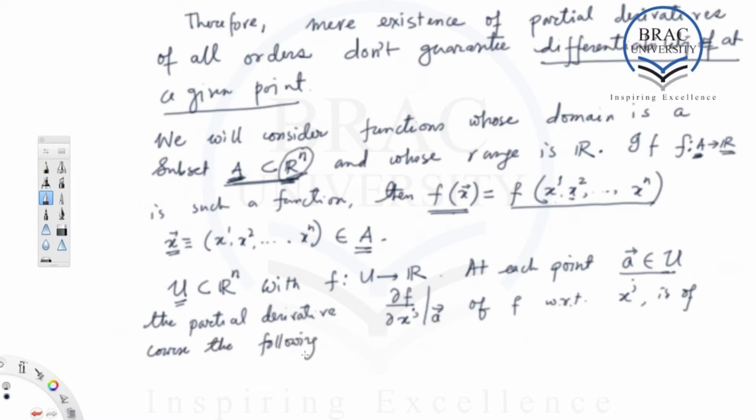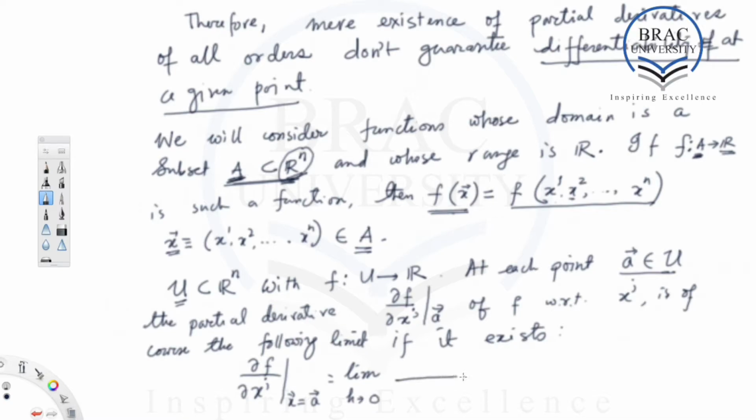We already know that. So we write del f by del xj evaluated at the point vector x equal to vector a is going to be the limit of some rational expression as h approaches 0.